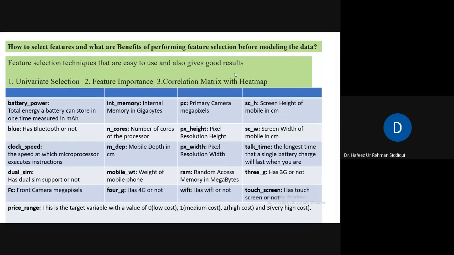Look at the data set. This is a data set of a mobile shop, you can say, and it has the features of a mobile.